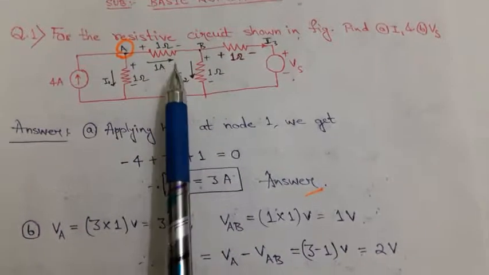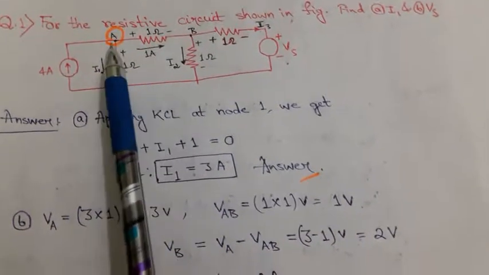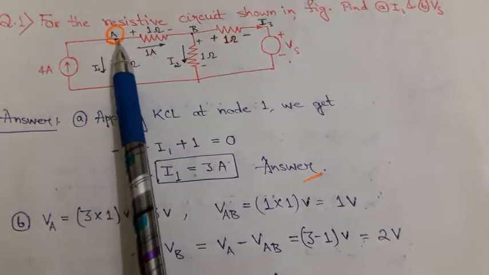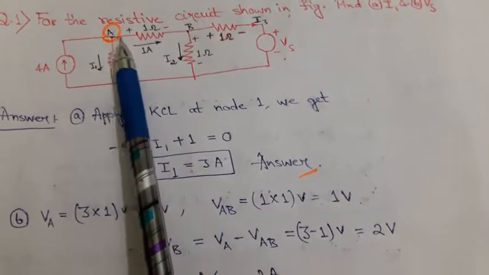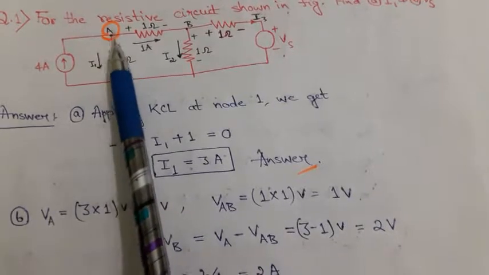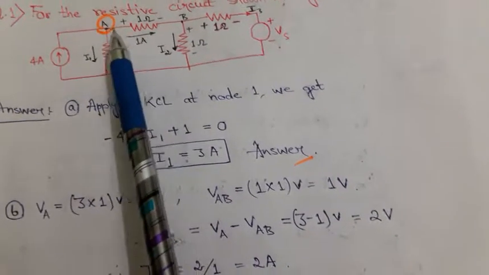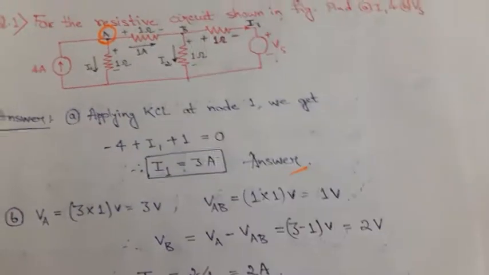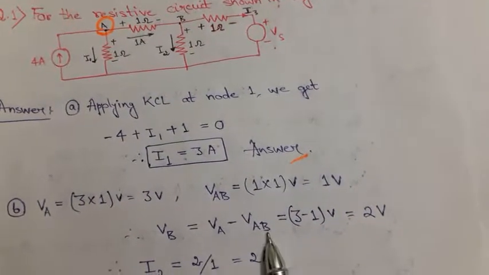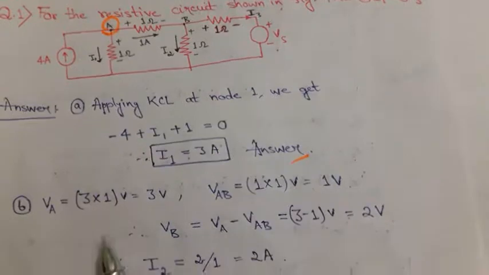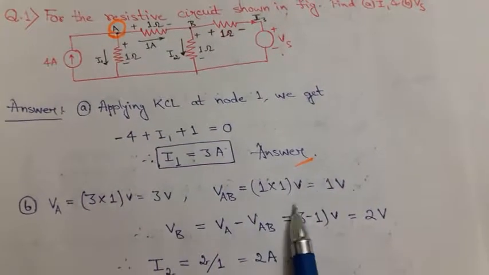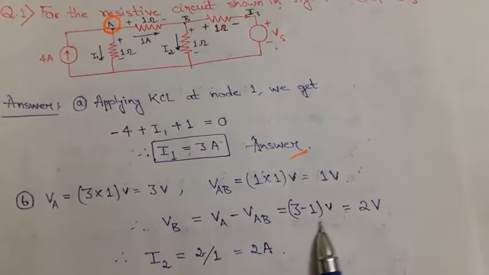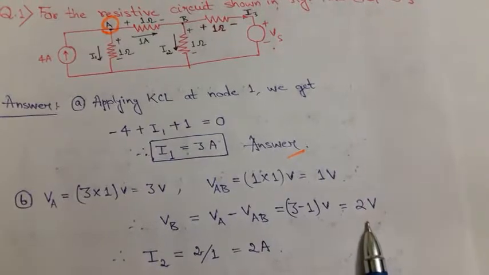When you subtract this VAB from the VA value, that is the voltage at node A, then you can easily find the VB. So VB is equal to VA minus VAB. VA is 3 volt and VAB is 1 volt, so 3 minus 1 is equal to 2 volt.